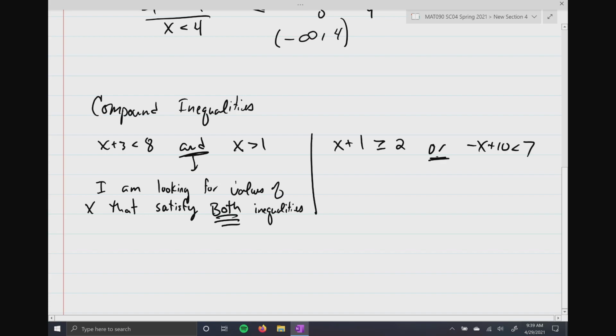So when you see that word and, you are looking for the set of x values such that when I substitute them into either inequality, I still get a true statement. So it satisfies both inequalities.